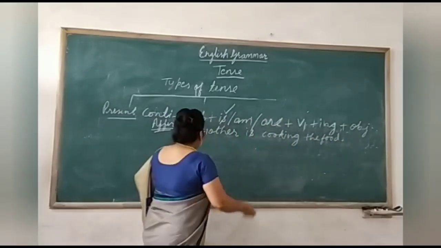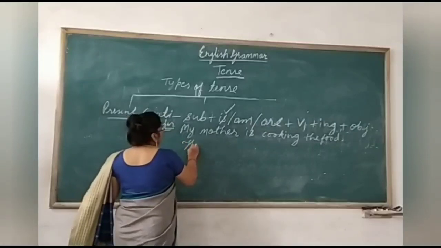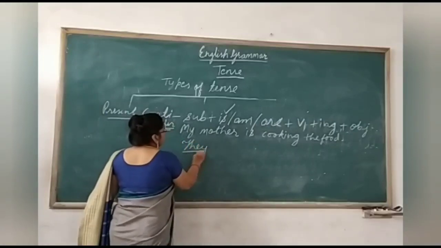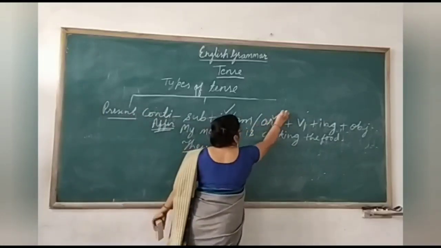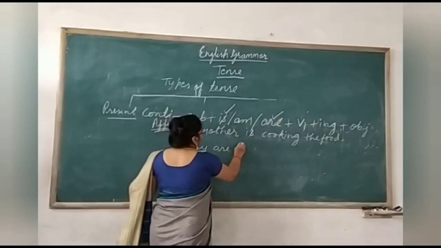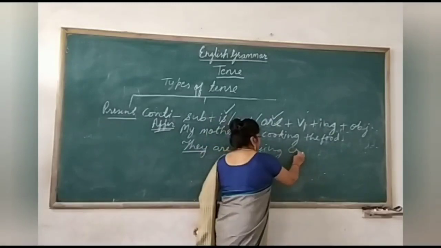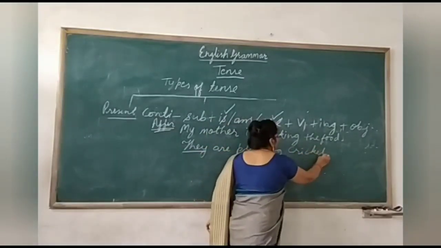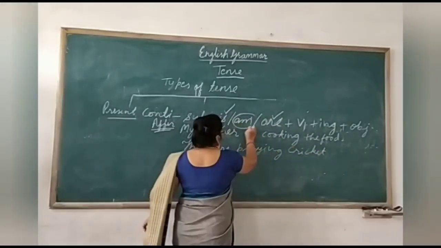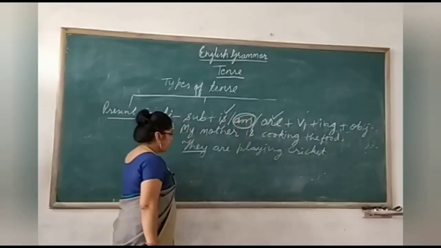Clear? Now same way, they. If you are taking they, then what you will select? Are. They are playing cricket. Clear, children? And this am is used only and only with I here.